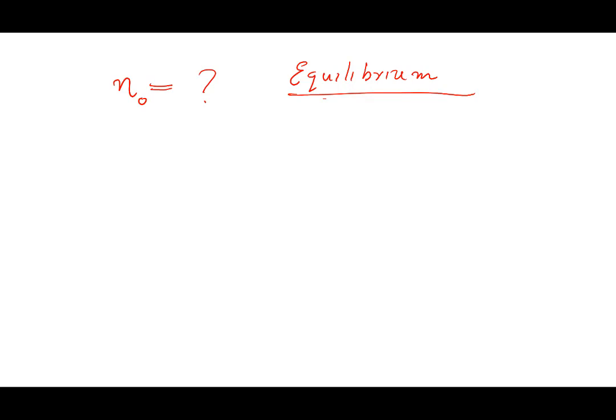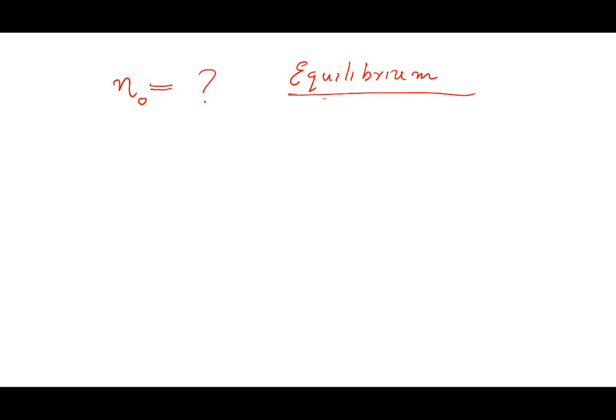That's the simplest problem. If I can't solve how many electrons are there in equilibrium, then I have no hope of solving it when I've applied a voltage or shine light on it. So we start with the simplest problem: a piece of pure semiconductor, no doping, no impurities.